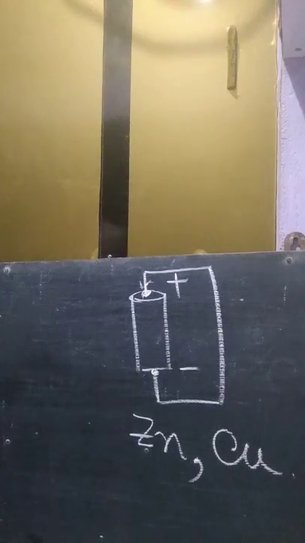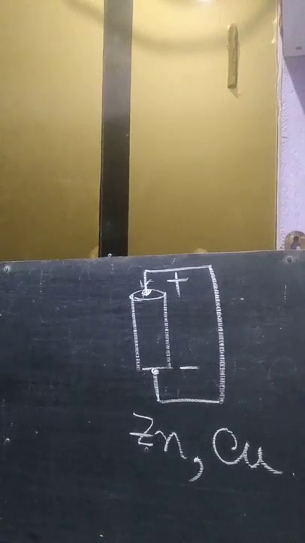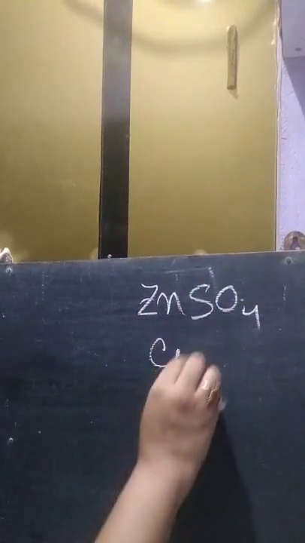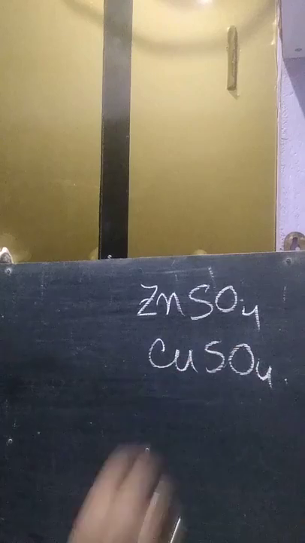Electrolyte is the substance where free ions are present, because of which it can conduct electricity. In a galvanic cell, what are the electrolytes? Electrolytes are basically zinc sulfate or copper sulfate. These two are used as the electrolytes.